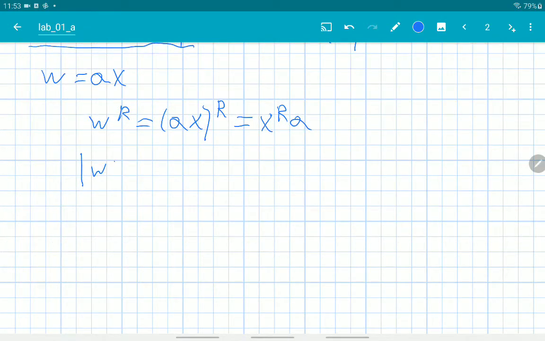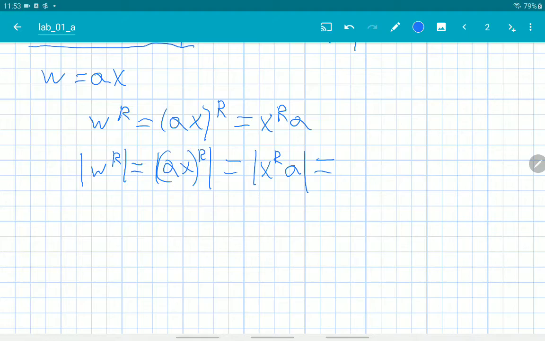So the length of w^R as such is equal to the length of (ax)^R, which is what we just said, the length of x^R a, right?